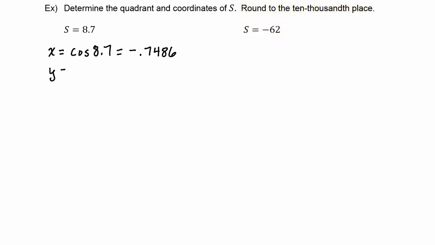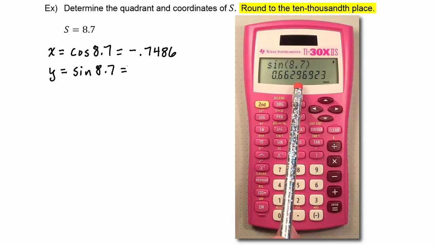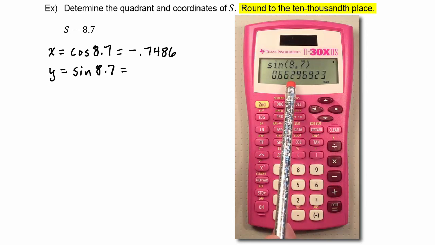To get the y value, we're going to take the sine of 8.7. So we do sine 8.7, hit enter, and rounding to the 10,000ths place, we see that the 6 tells the 9 to become a 10, carry the 1, so this becomes 0.6630.